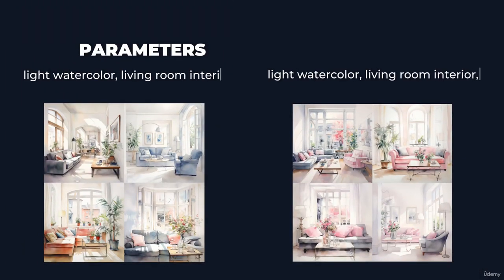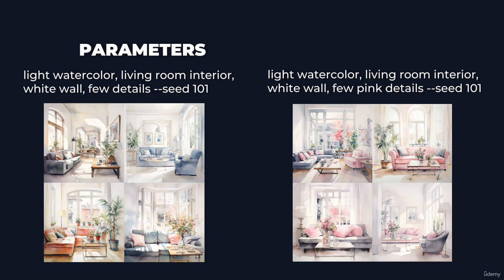By specifying a seed number, you ensure that the image generation process starts with the same initial conditions, which leads to consistent outputs. If you don't provide a seed number, Midjourney will generate one randomly, resulting in different images each time the model is run with the same prompt.